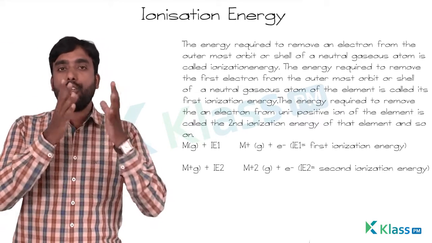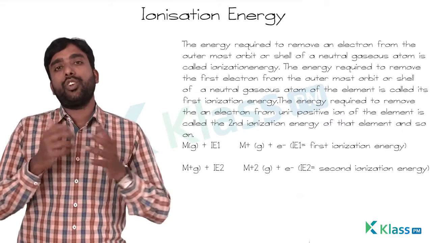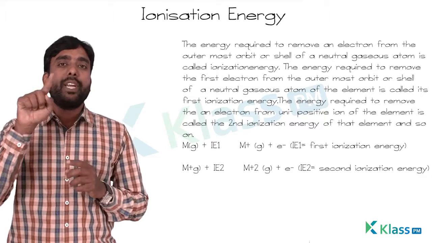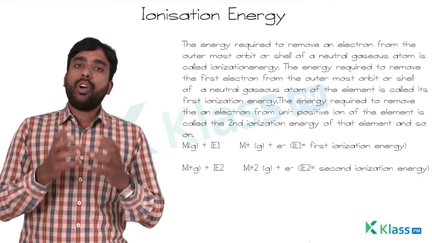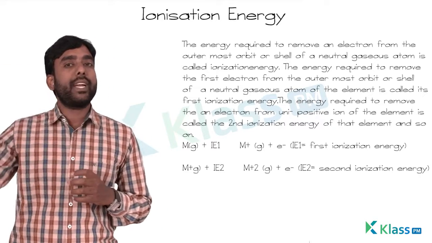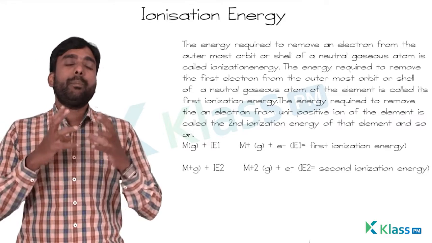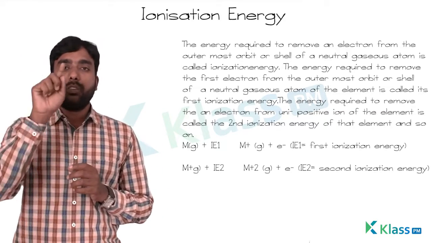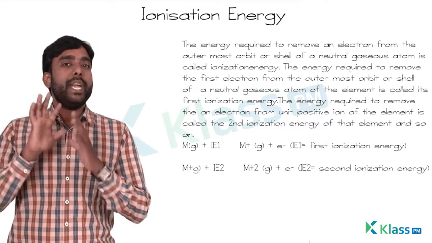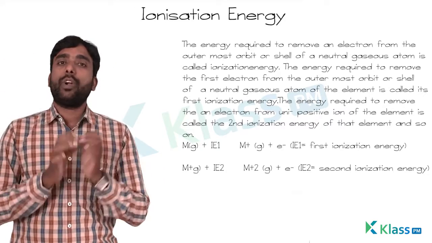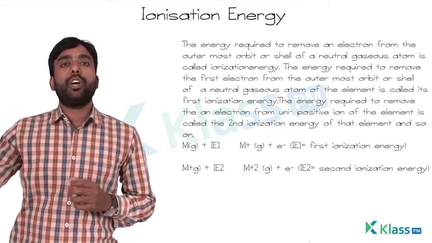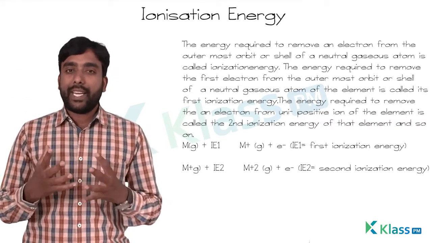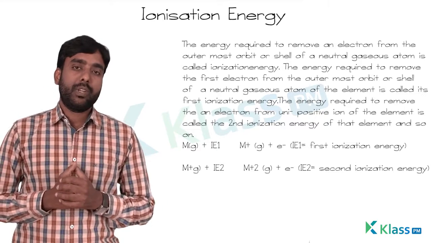But if you are removing the second electron, because it has already become A plus, the amount of energy required to remove the second electron from a uni-positive ion, uni meaning 1, is called secondary ionization energy.